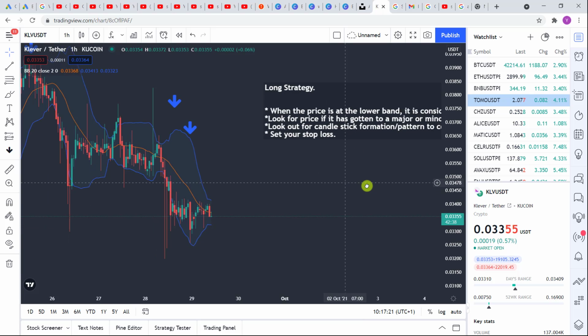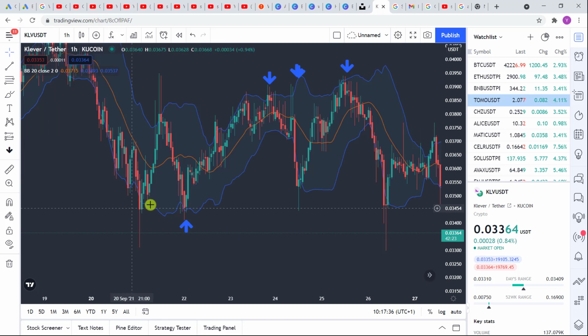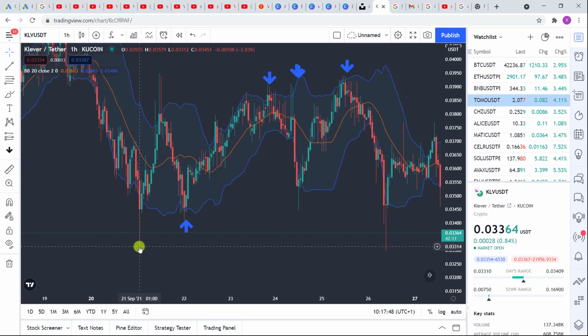So let's go back to our coin. The candle is at the lower band here, and number one, it is very oversold here. So at this particular point, we should be getting ready to go long. The next thing we look for is the candlestick pattern or candlestick formation.